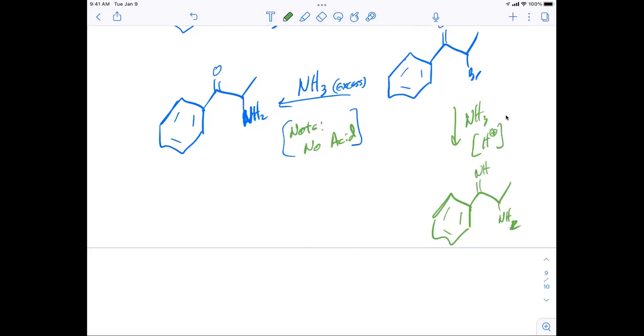You could get both the imine and the amine. And if you added water and acid, you could go back, because you can hydrolyze imines.